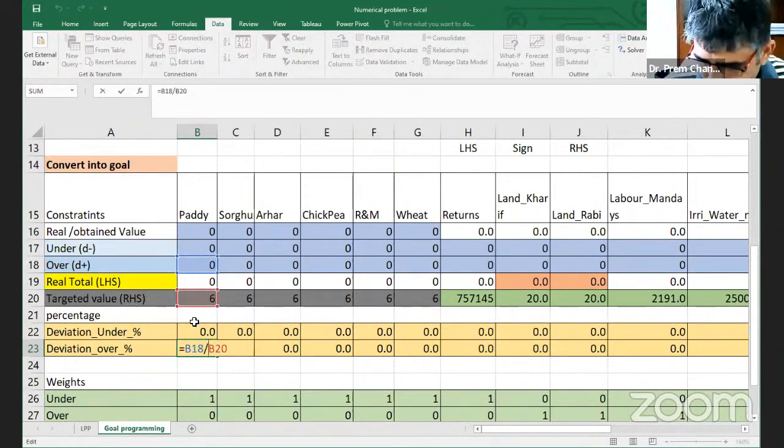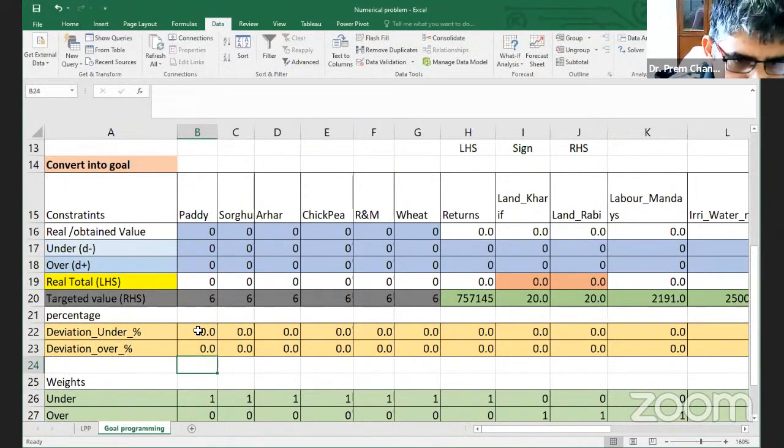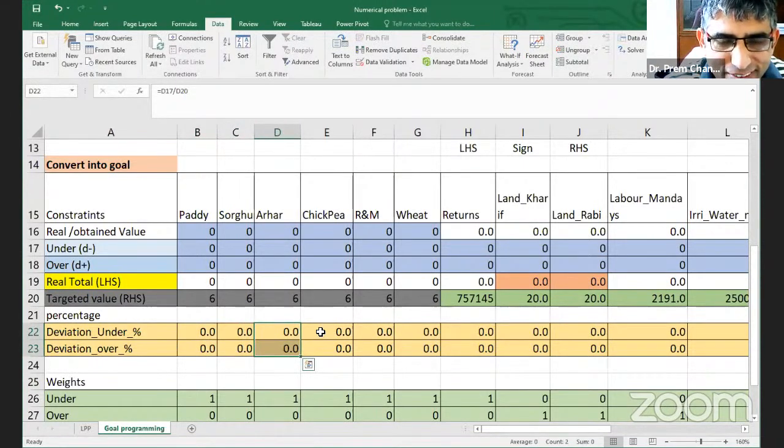So I have computed deviations for all the decision variables, all the constraints, and the objective function, because decision variables, constraints, and objective functions have now all become goals.